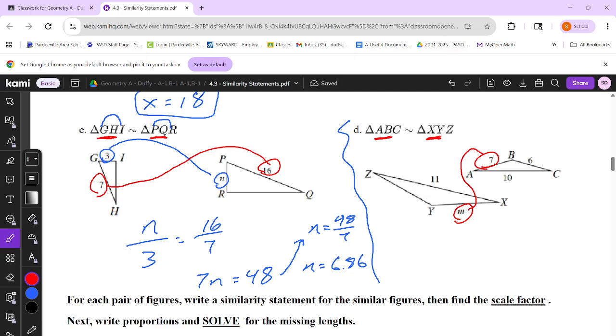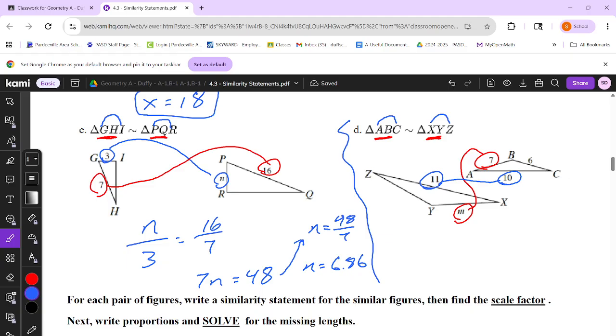Connect them. And then we have 11, which is on XZ. First to last would correspond to AC. AC would be 10. All right, there we go. Those are the two pairs of sides that correspond. We don't even care about the 6.